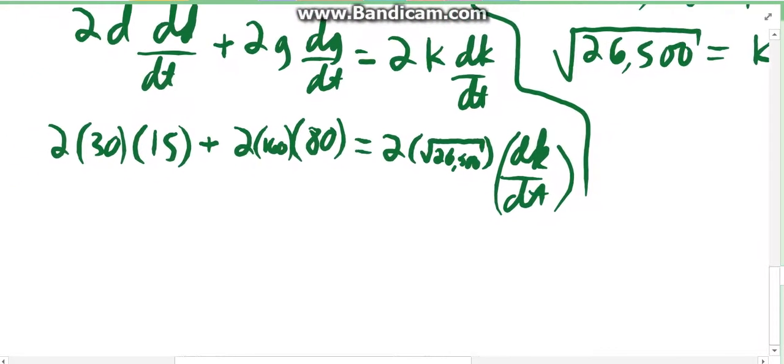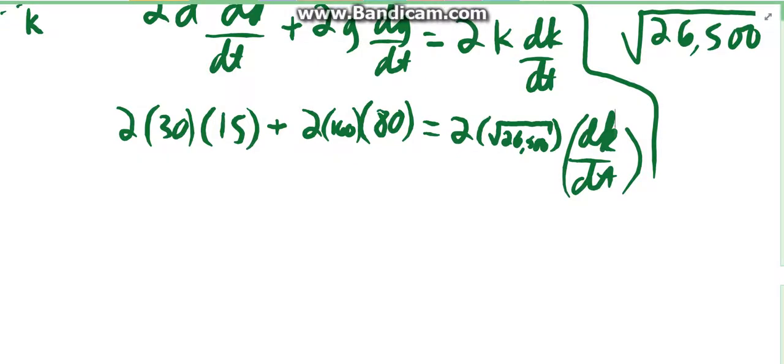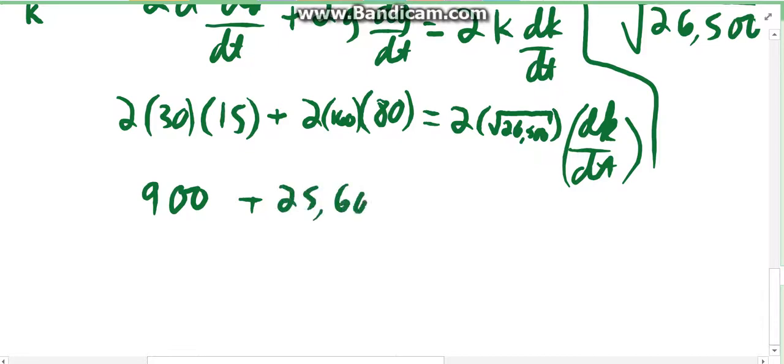Cool. And then we're going to solve this out. And it turns out this is coincidental. And not coincidental, it happens because of the symmetry of the equation here. But we end up getting on this side here, 2 times 15 is 30, and then 30 times 30 ends up being 900. Plus 2 times 80 is 160, and 160 times 160, we just did that, is 25,600.